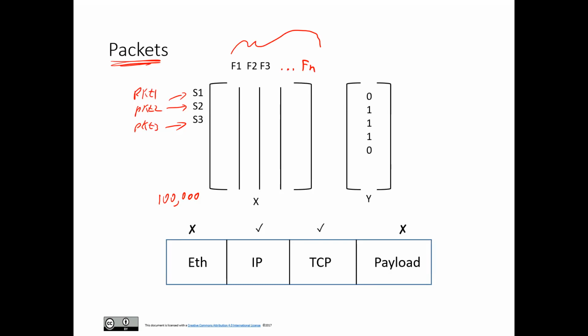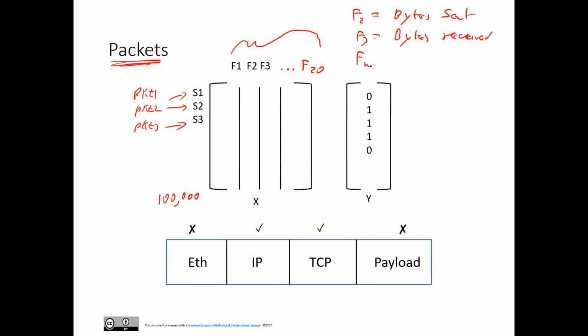But let's just imagine there are 20 features that we define, and we have their bytes sent and bytes received. Bytes sent is F2, so F2 will be bytes sent, and F3 is bytes received.